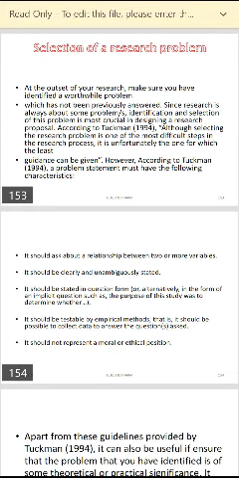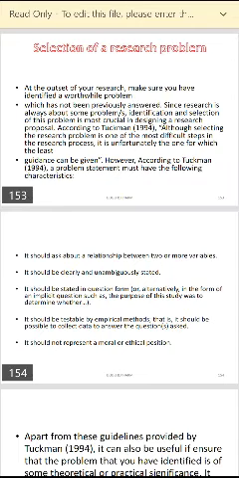Let's see selection of a research problem. At the outset of your research, make sure you have identified a worthwhile problem which has not been previously answered. Since research is always about some problems, identification and selection of this problem is most crucial in designing a research proposal.